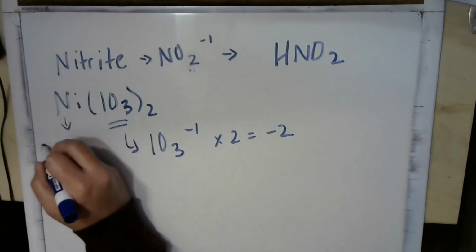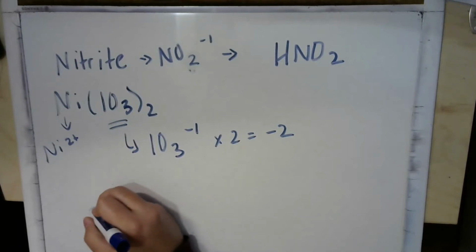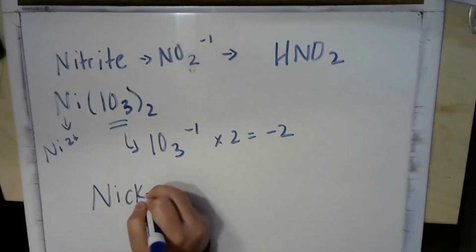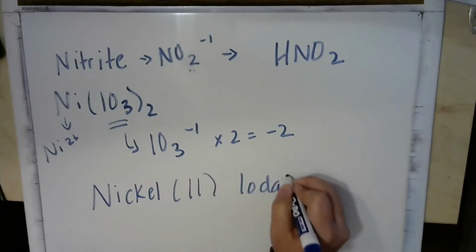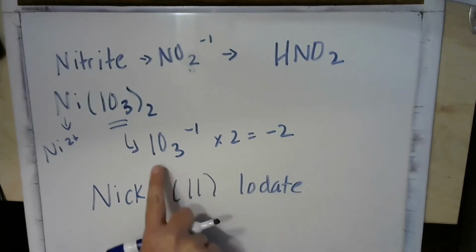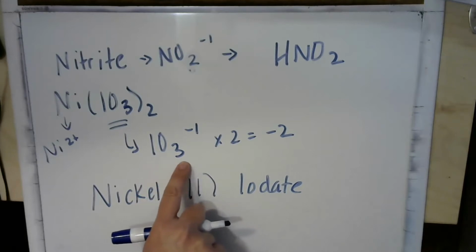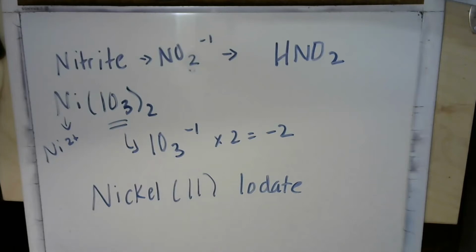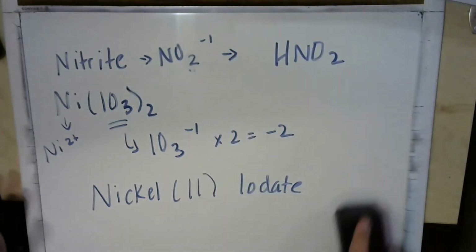That means that this nickel has to be +2. Okay, so this is nickel 2 iodate, right? And this iodate works the same way as the chlorate did in our previous examples with the oxyanions.